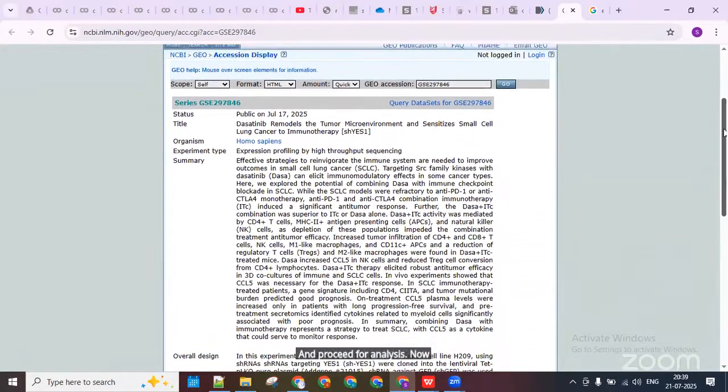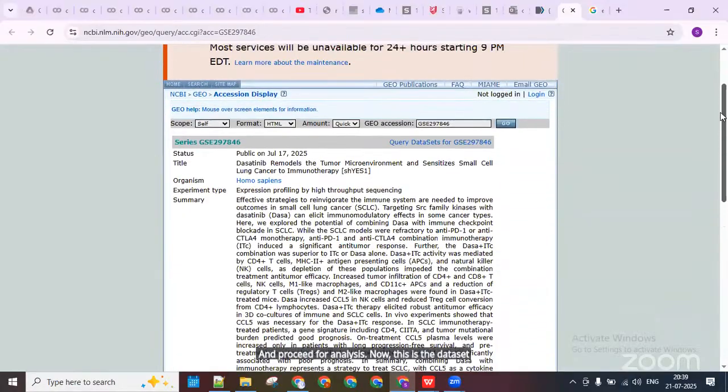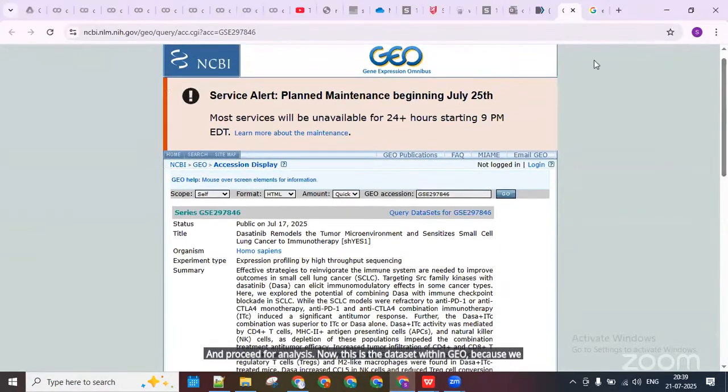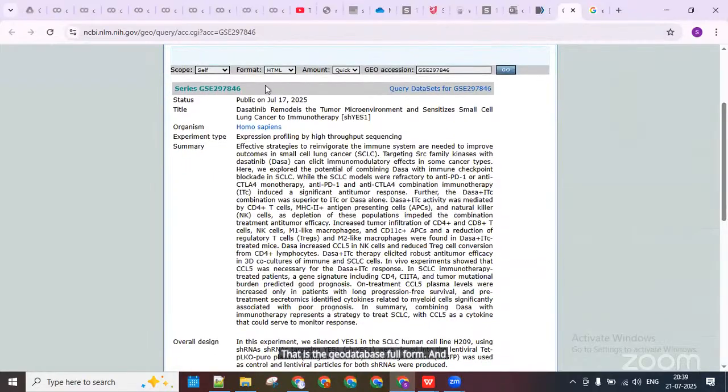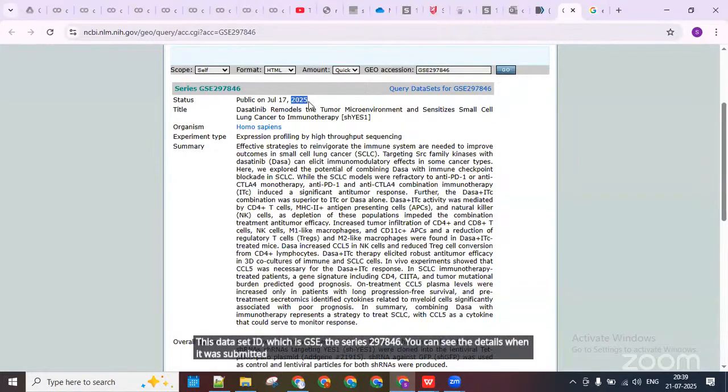Now, this is the dataset within GEO, because we tried to explore, and on the top you can see the Gene Expression Omnibus, that is the GEO database full form. We have the dataset ID, which is the series GSE297846. You can see the details of when it was submitted, so very recent data from 2025, July 17.